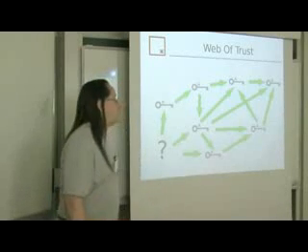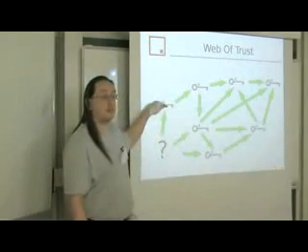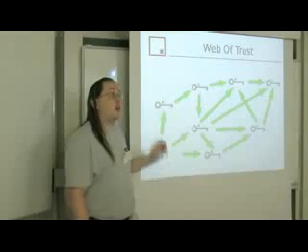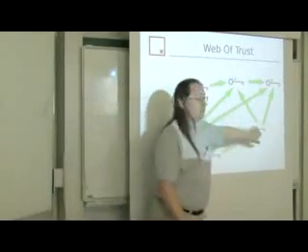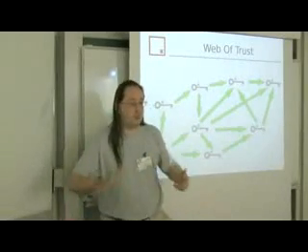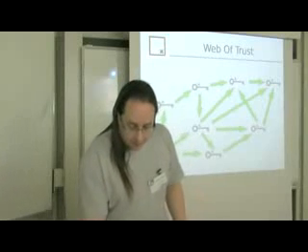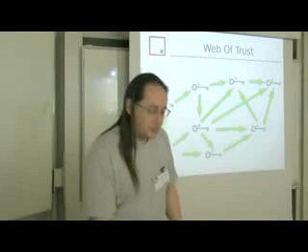So you might say, okay, I'm only going to trust those people whose keys I've signed myself. You might say, okay, I'm only going to trust those people whose keys I've signed myself and those people whose keys they've signed. You might want to get more complicated. I'm not going to go into that because it's, again, horribly complicated.